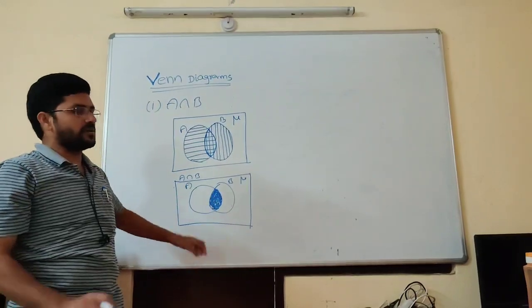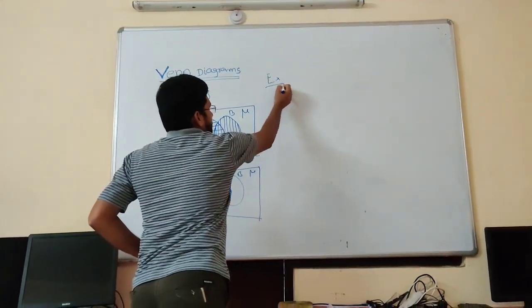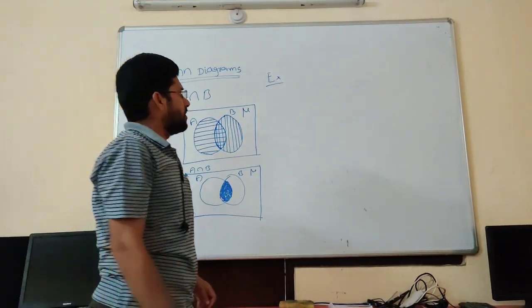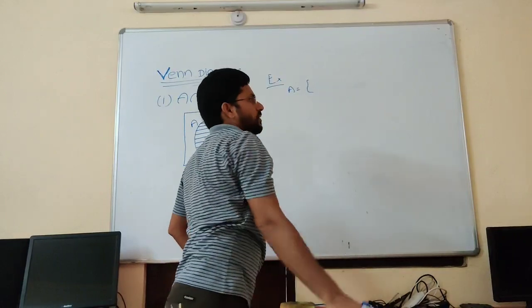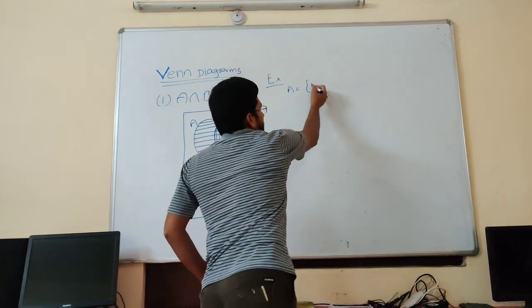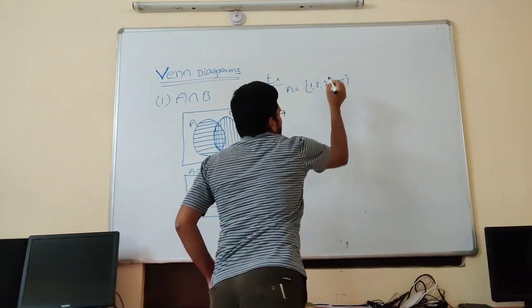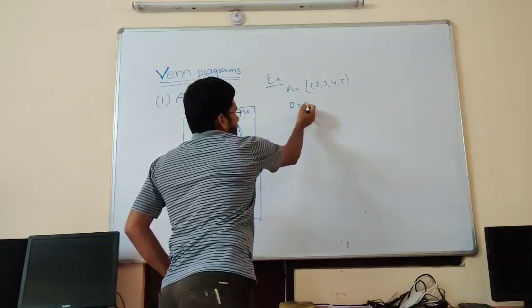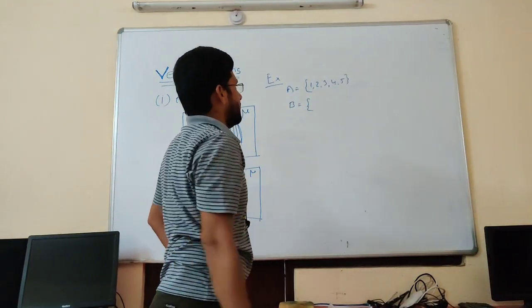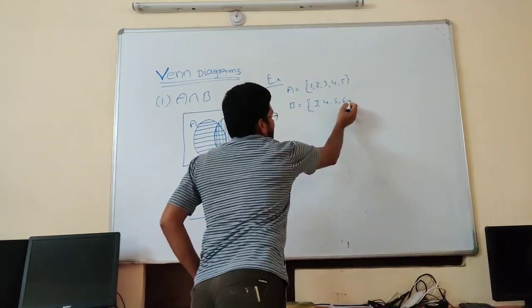If you want an example for this, I am taking one example with sets. A is equal to the set of 1, 2, 3, 4, 5 I have taken. And B, I am taking one more set, that is 3, 4, 5, 6, 7.